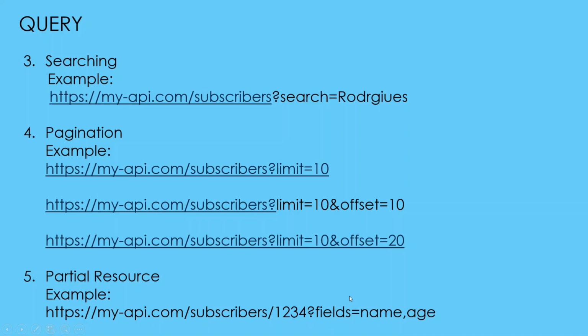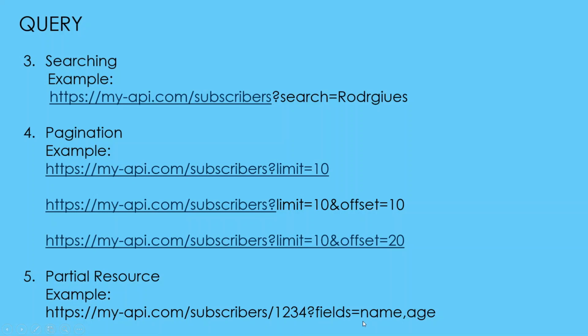So you use the query parameter fields and just specify what fields you are interested in, like name and age. So this is how you can use partial resource to get only specific fields, whereas all other queries like searching, pagination, sorting and filtering were returning all the fields. So for getting specific fields, use a partial resource, specified using the fields query parameter.